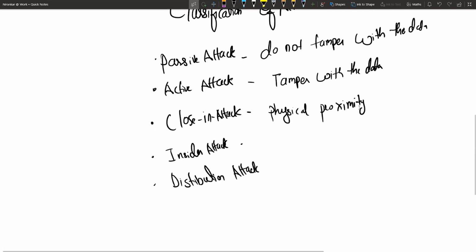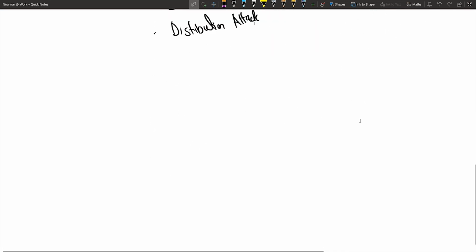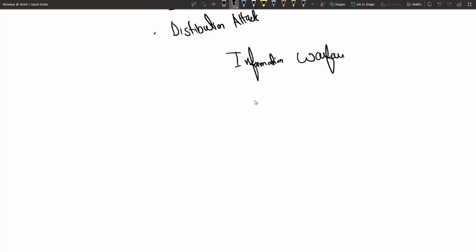Any doubt in this? So we'll start with information warfare. The term information warfare, or info war, refers to the use of information communication technology to gain competitive advantage over an opponent.